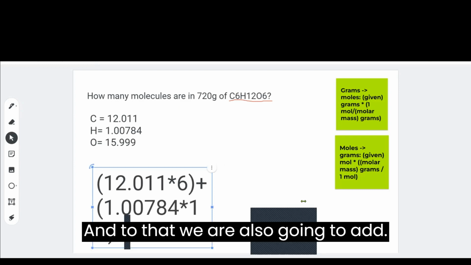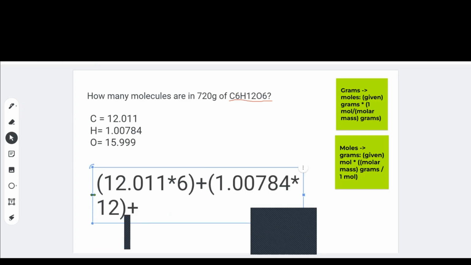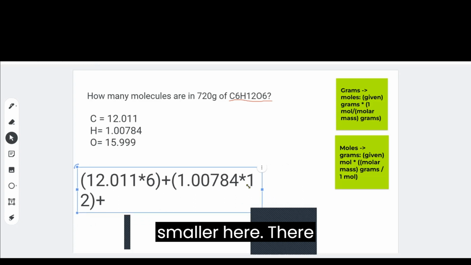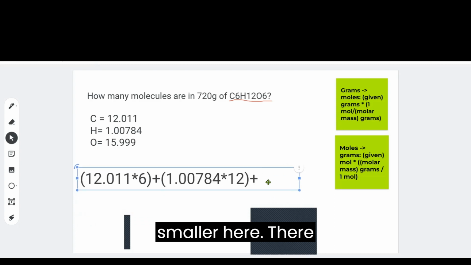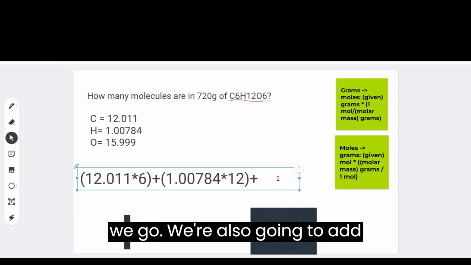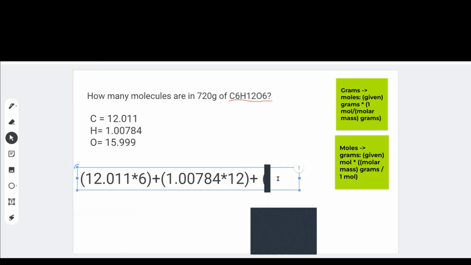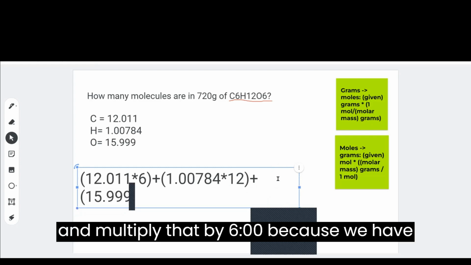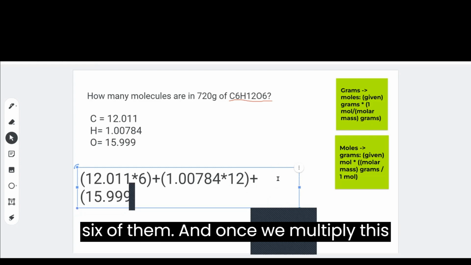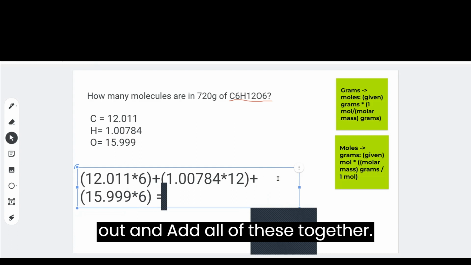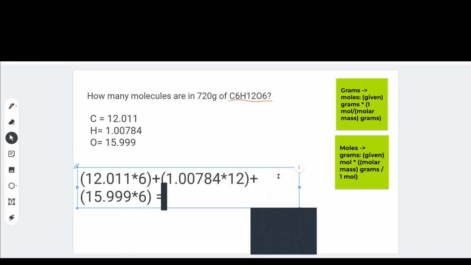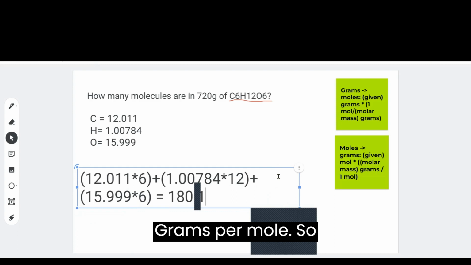And to that, we are also going to add our oxygen. We have 6 oxygen. Oxygen is 15.999. We're going to multiply that by 6 because we have 6 of them. Once we multiply this out and add all of these together, we should end up with a number right around 180 grams per mole.